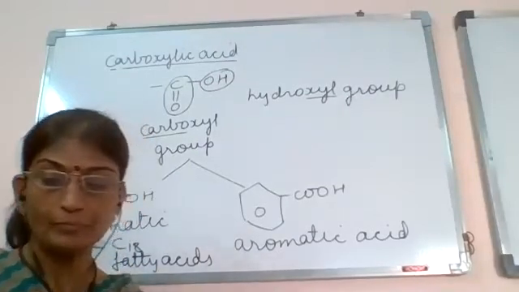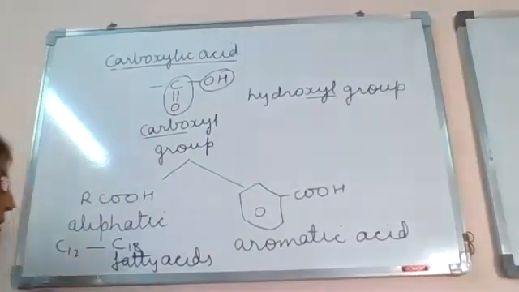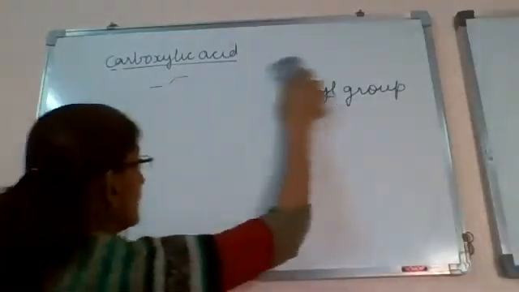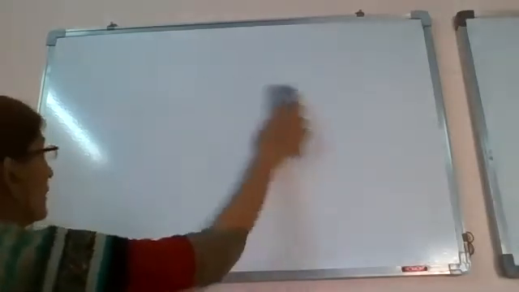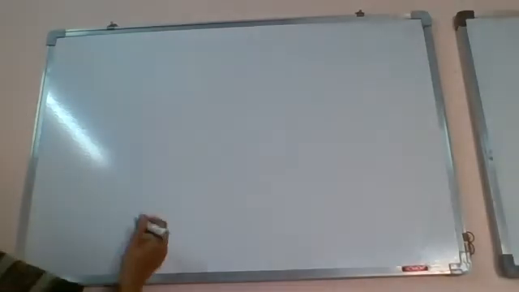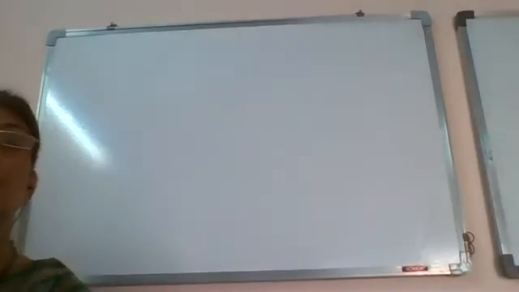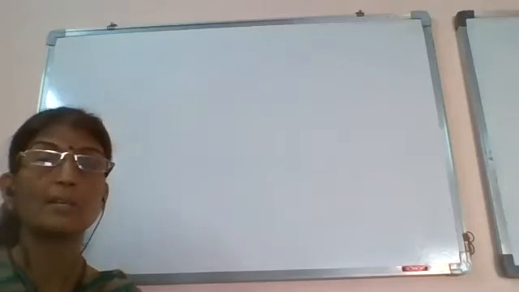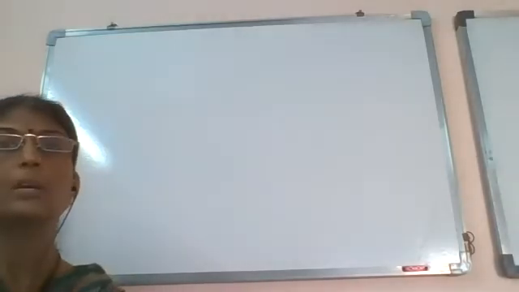Okay. Now we have to start with nomenclature of this carboxylic acid. In nomenclature, common name will be written for carboxylic acid by adding suffix carboxylic acid only.